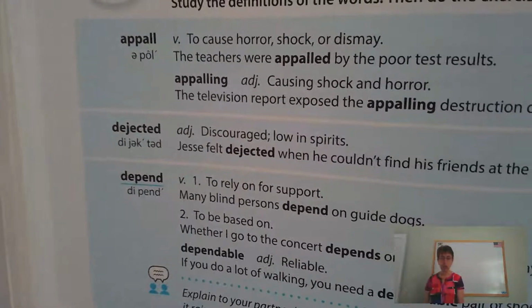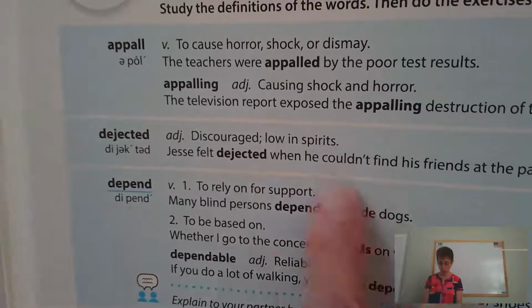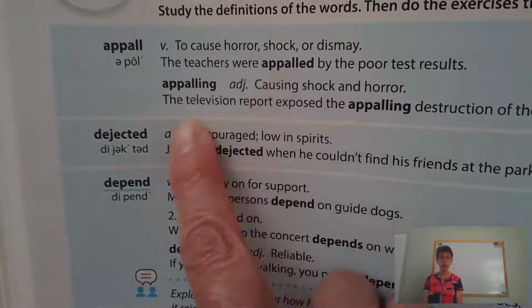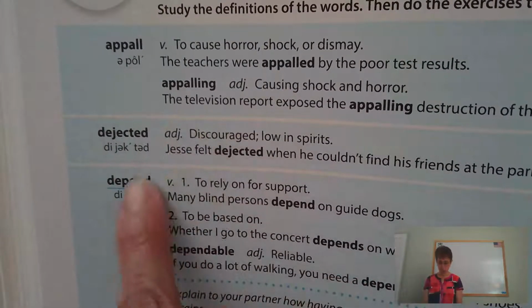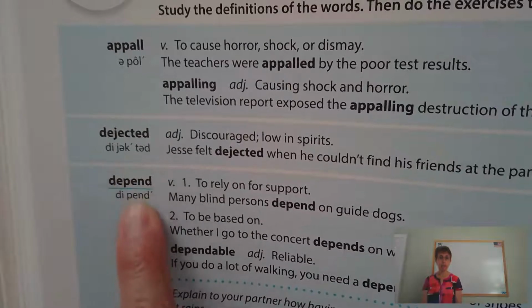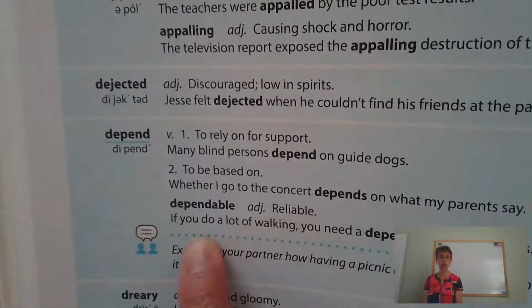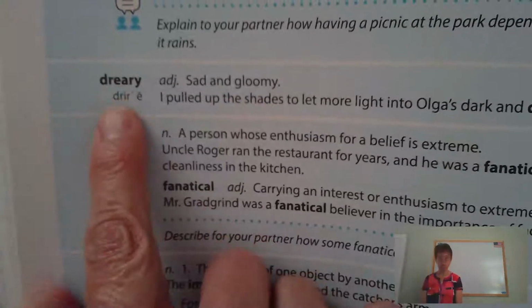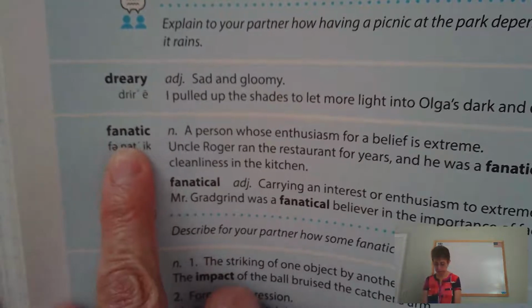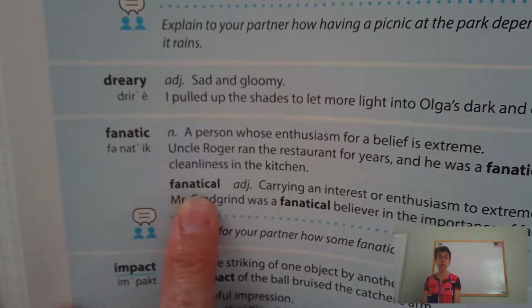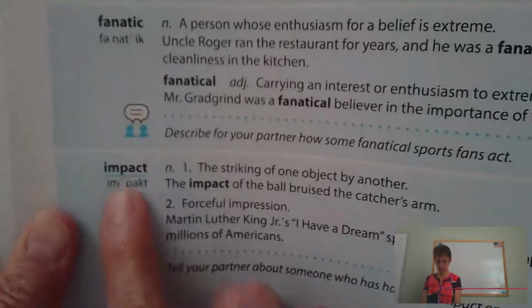So lesson 13, you have appall, you also have appalled and appalling. You have dejected, depend, also depends, and dependable. You have dreary, fanatic, you also have fanatical. Impact.